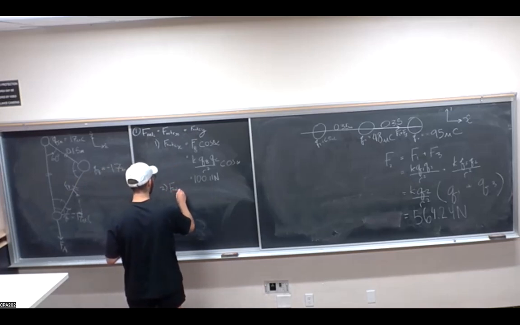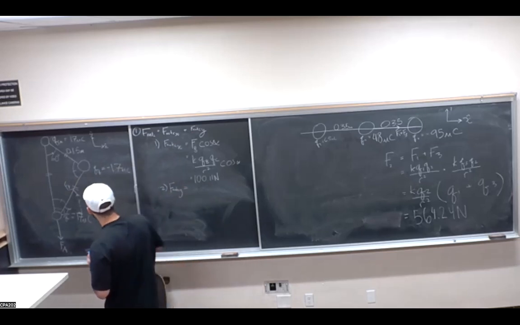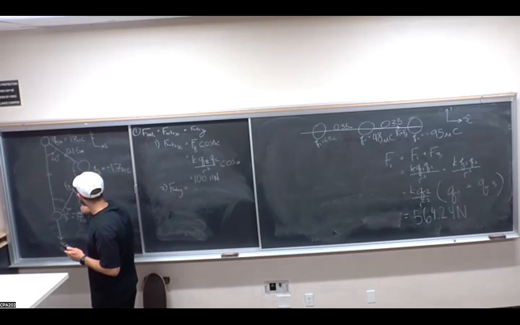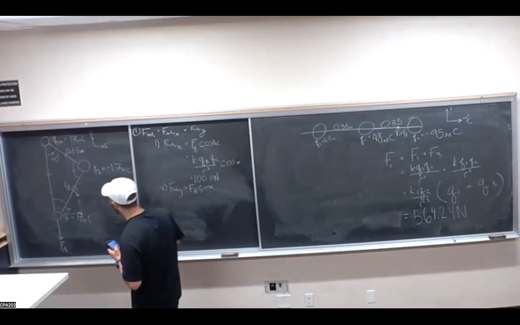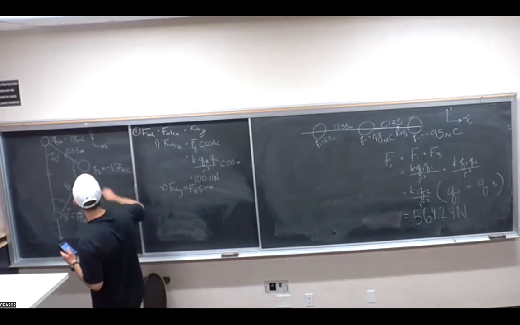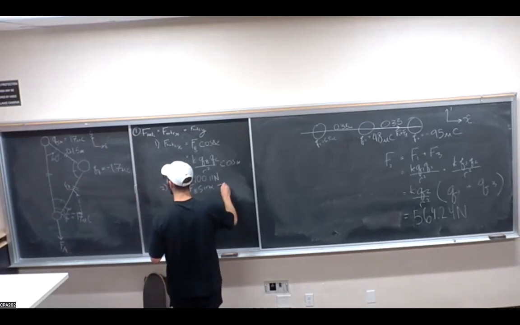F net CY. Okay. So everything in the Y direction: we first have a vertical component of FB, so FB sine alpha. And then we have FA pointing downwards, so it is pointing opposite to what we defined as positive on our coordinate system. So minus FA.